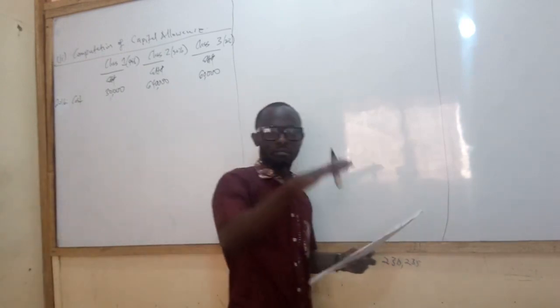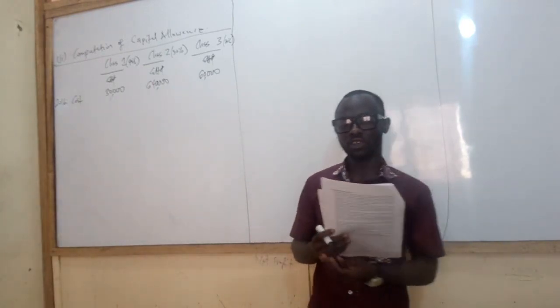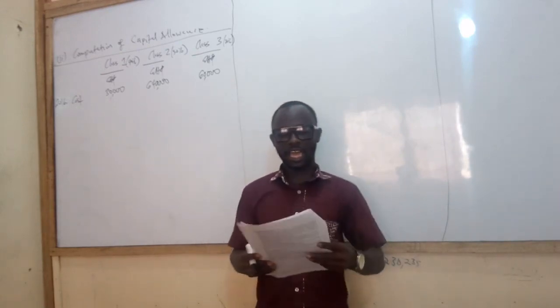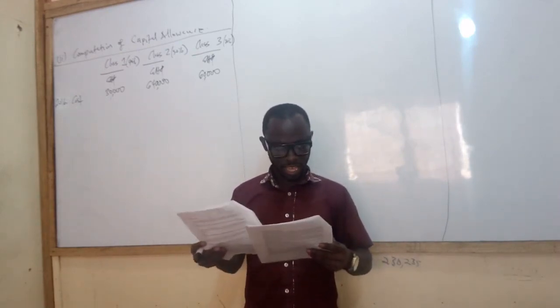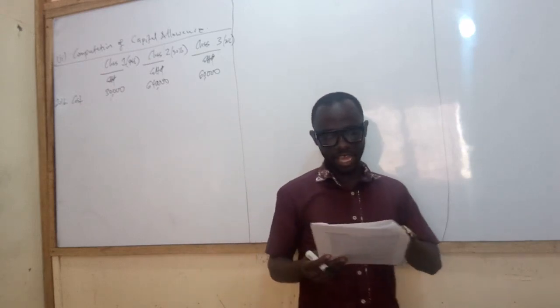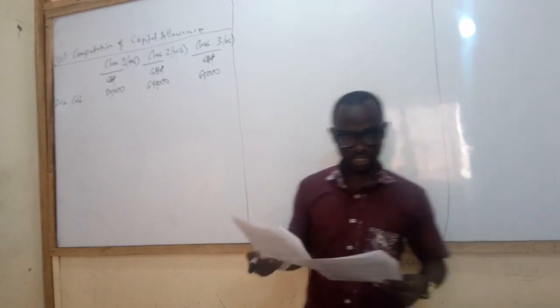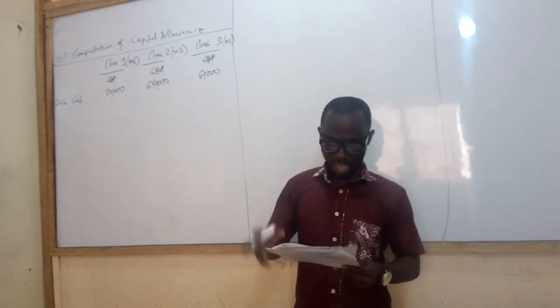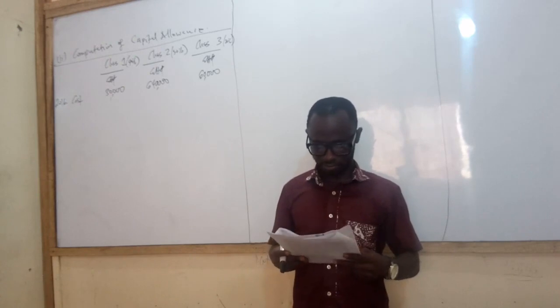But remember in the previous video I mentioned that what we are doing here is for the year ended 2017. But the information provided to us here, let's look at that.